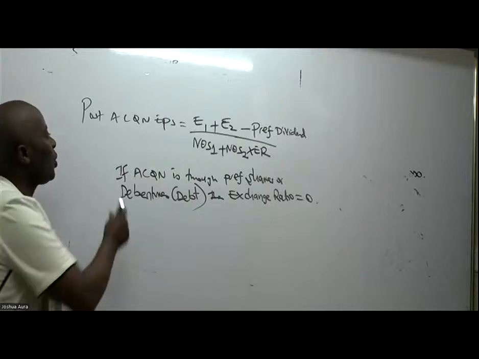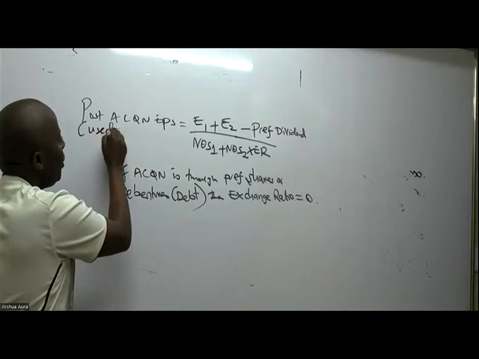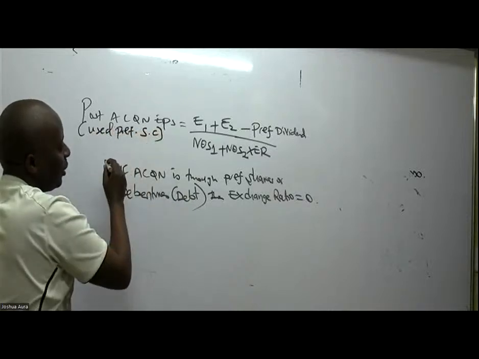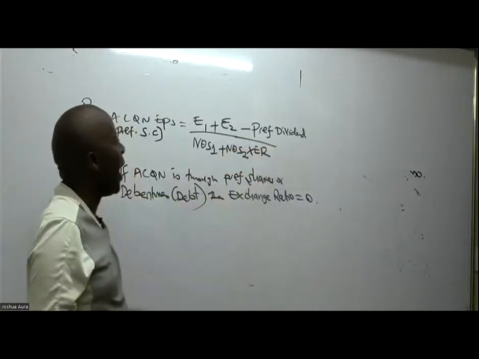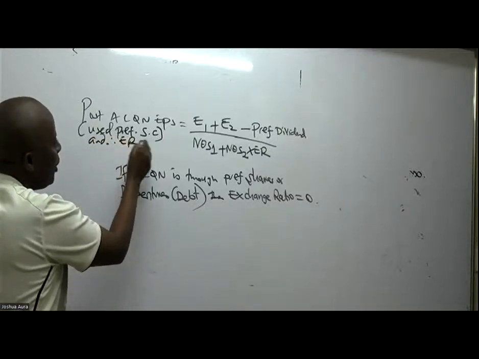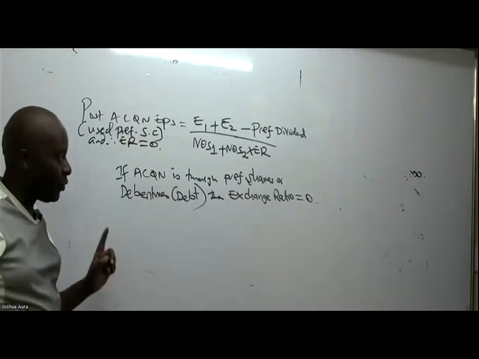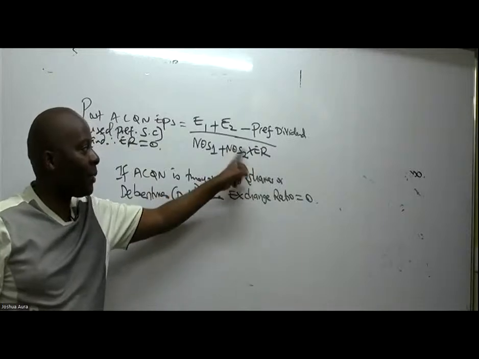If you look at the question that I'm trying to handle here, they used preference share capital, and that is why I'm paying preference dividend here. And therefore, the exchange ratio here must be 0. This is very interesting. If this exchange ratio is 0, then I can see something disappearing.